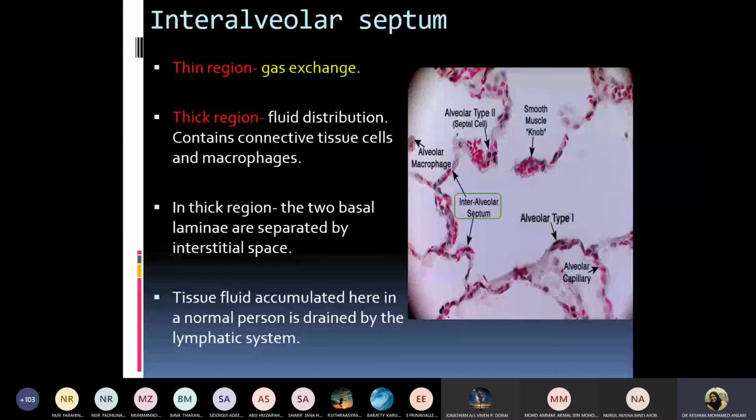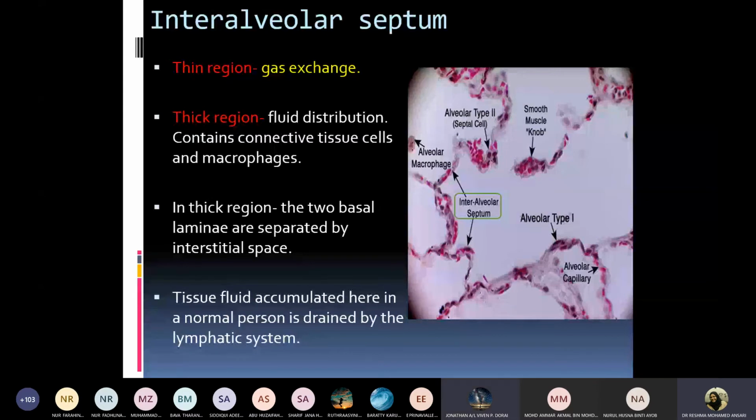The fluid will exudate and collect in your thick region. So your lymphatic system cannot remove all the fluid, and there is a lot of fluid in your lungs. When there is a lot of fluid, gaseous exchange does not take place. So automatically the patient goes into respiratory distress. Is it clear now why they have respiratory distress in pulmonary edema?